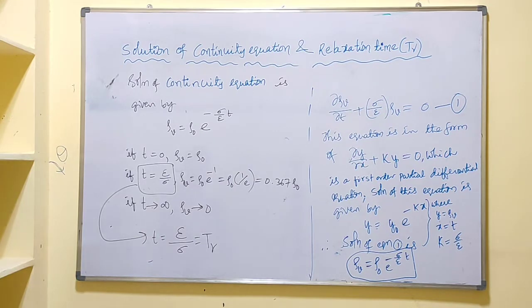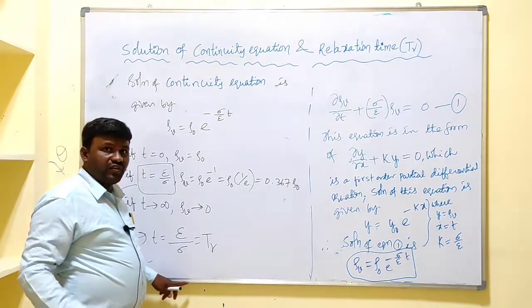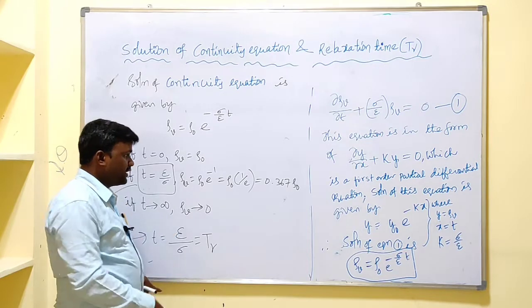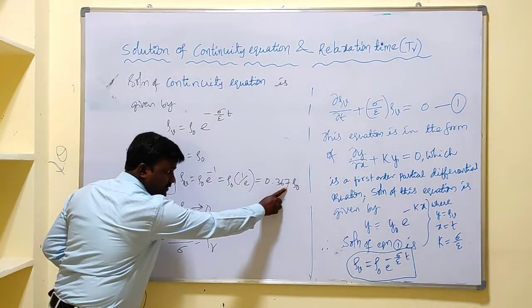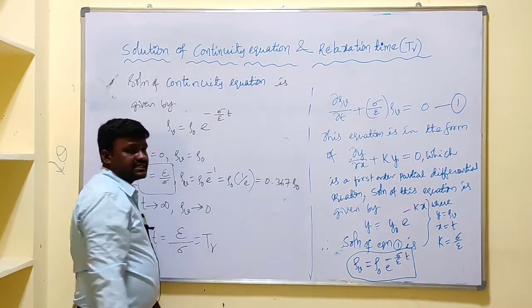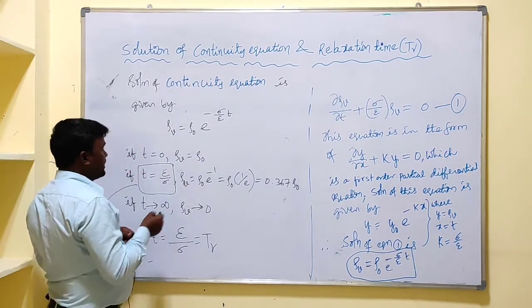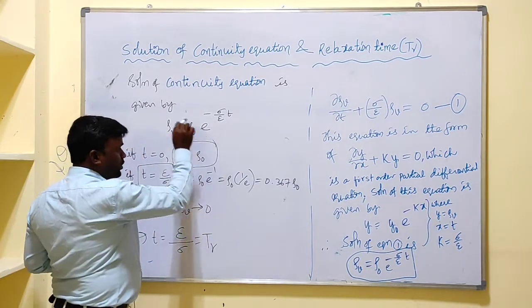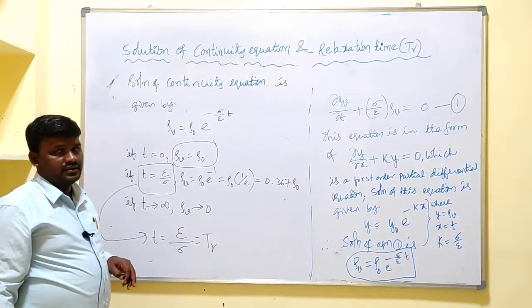Relaxation time is the time taken by the charge, when it is placed in the interior of the material, to reach 36.7% of its initial value. Rho naught is the initial value because at T equal to 0, rho v equal to rho naught.